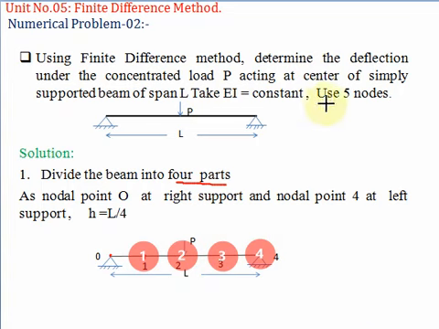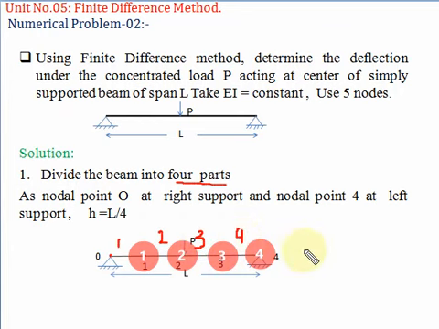Now here how many nodes are there? 5 nodes. 0 will be the first node, 1 the second, 2 the third, 3 the fourth and 4 the fifth. So total nodes are 5. And how many parts are there? This is the first part, this is the second part, this is the third part, and this is the fourth part.